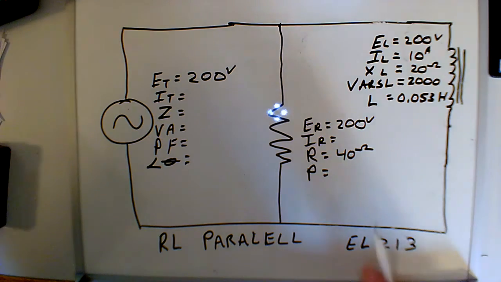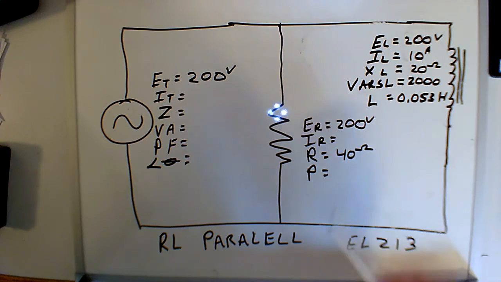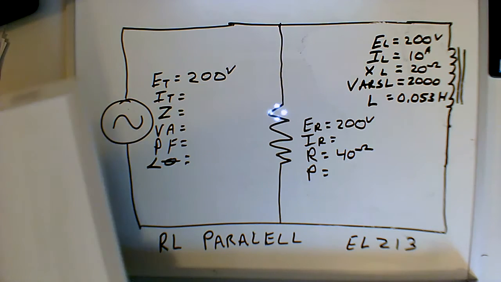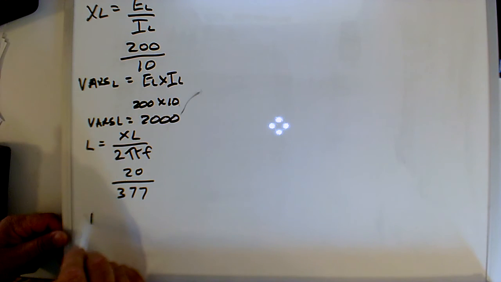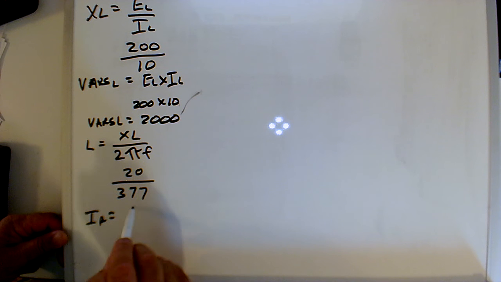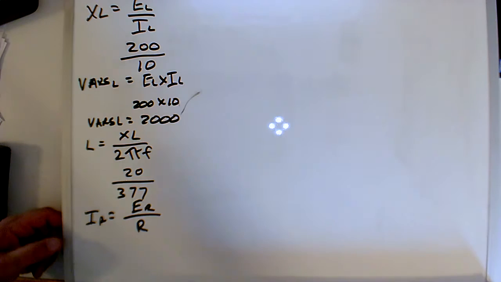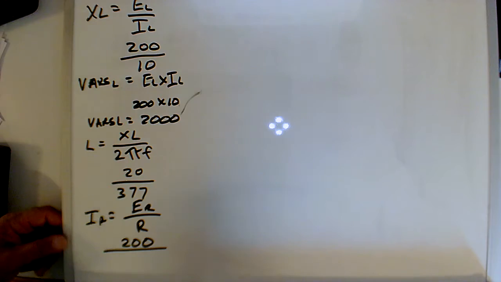Moving on to our resistor, I have the E and the R. I can figure out what the I is. So with voltage and resistance, I can figure out the current. So if I'm looking for IR, all I need is ER divided by R. So ER, we knew, was 200 volts across the resistor, and the resistor value itself was 40.